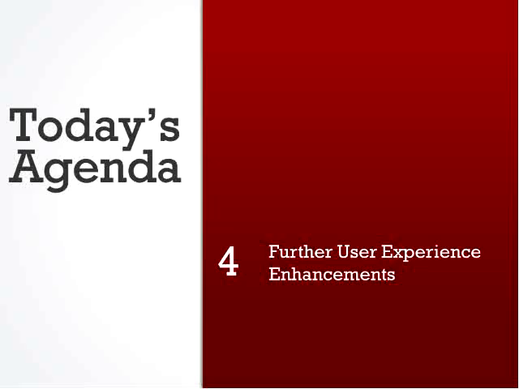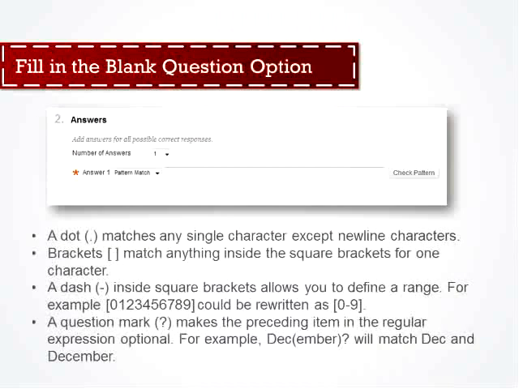Okay, so now I've bucketed up a couple of other smaller options, one related to tests, and other user experience enhancements. Particularly for you as educators, I know that I've had this experience before where I've released a fill-in-the-blank question, and then I've had to put in all of the different options to make sure that the students' responses matched that.